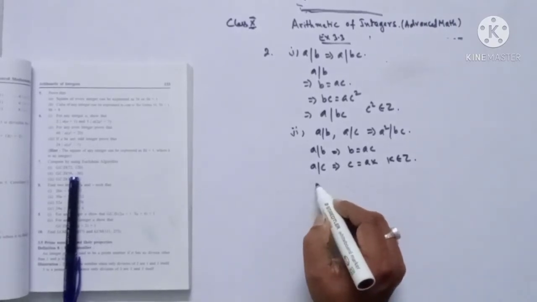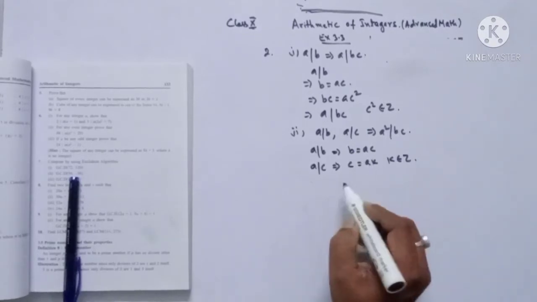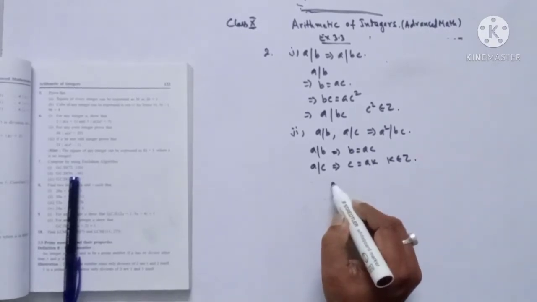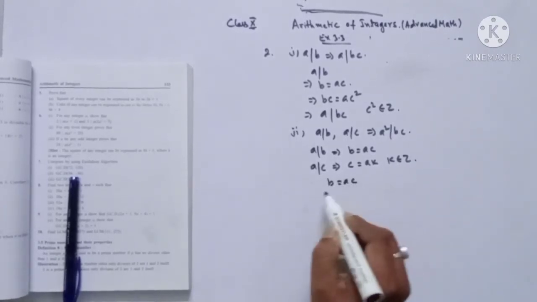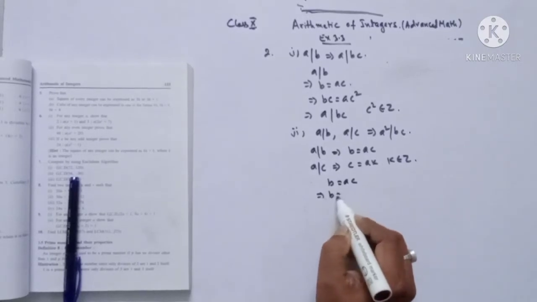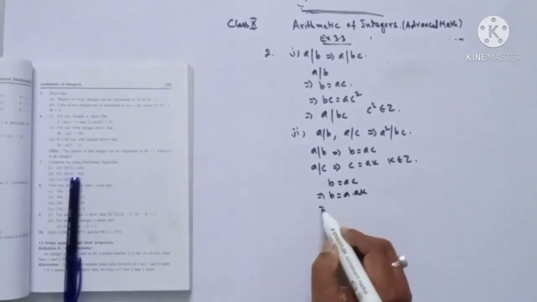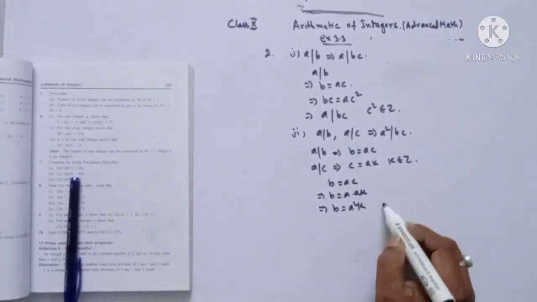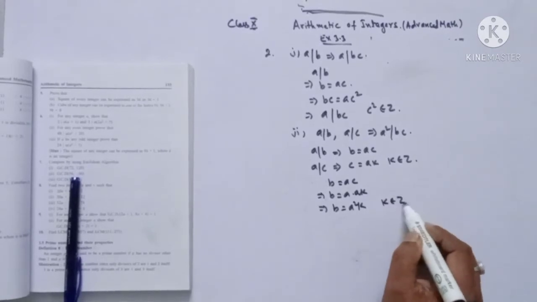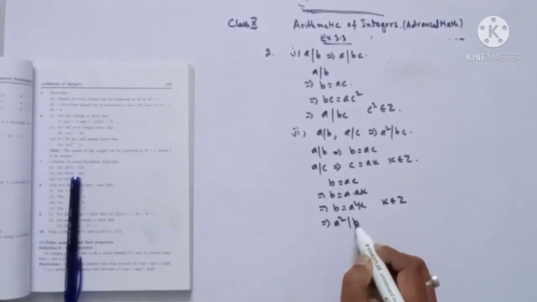So now from 1 and 2 I can write B is equal to AC, and the value of C is AK. So B is equal to A square K. So here K belongs to integer. So I can write that A square divides B.